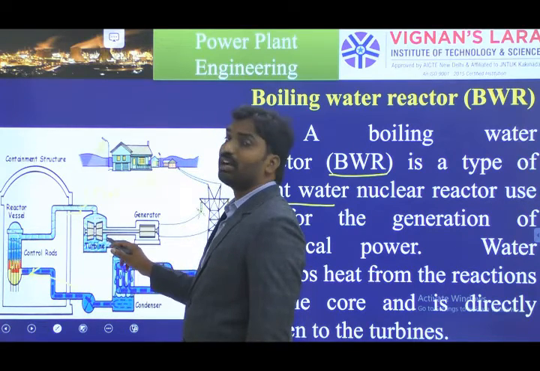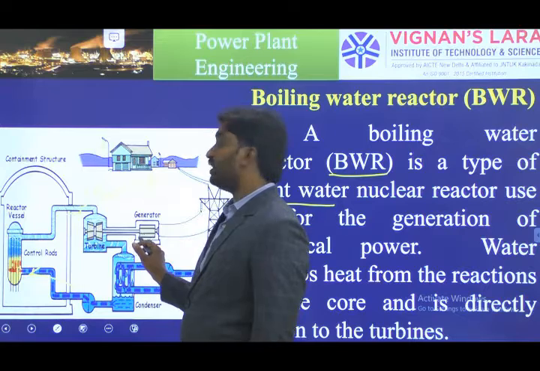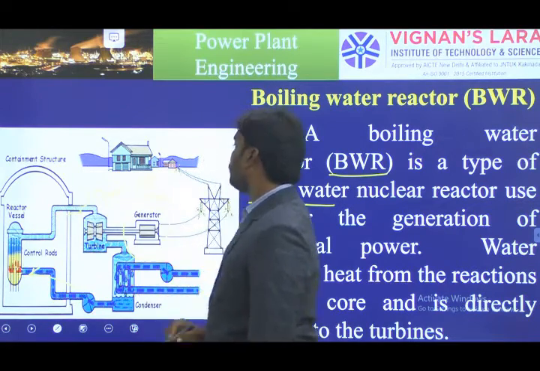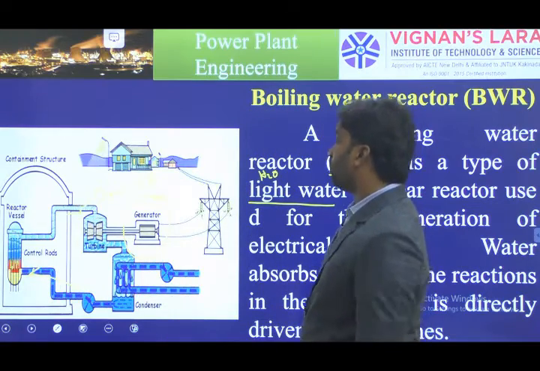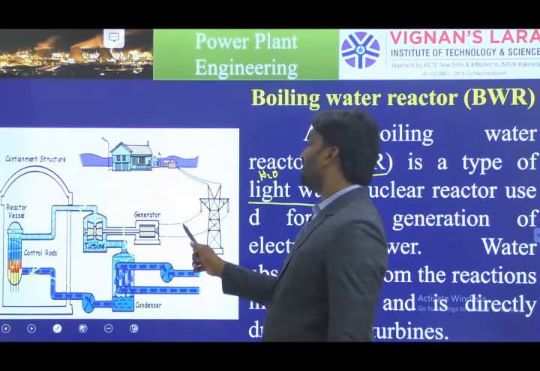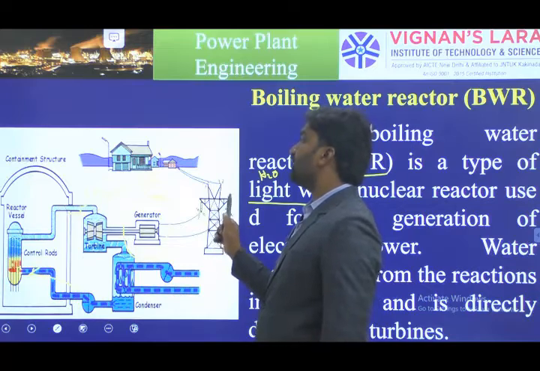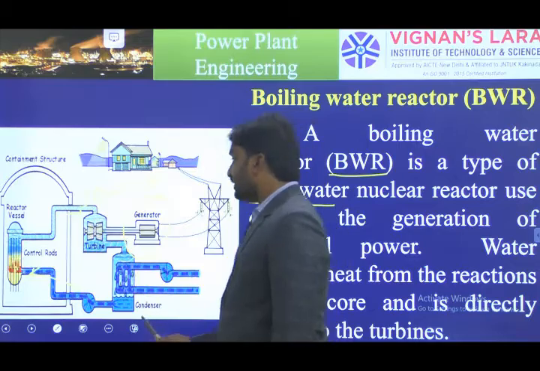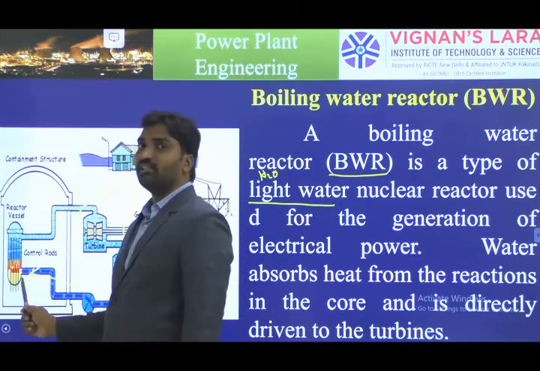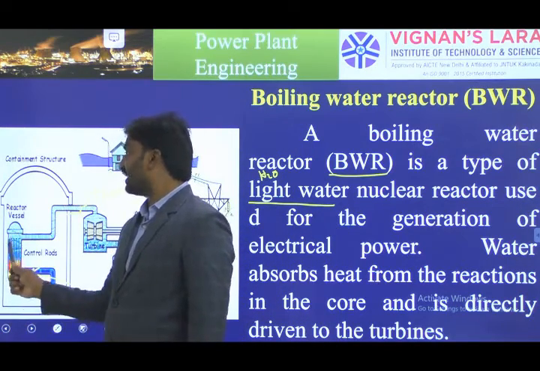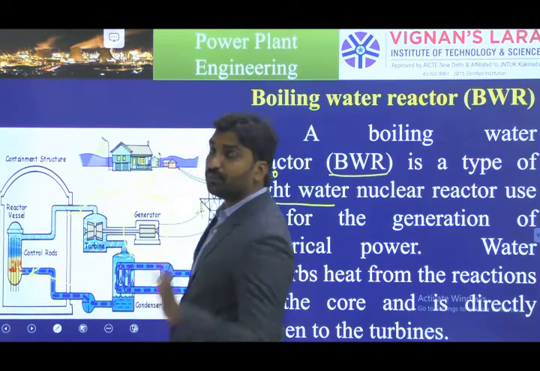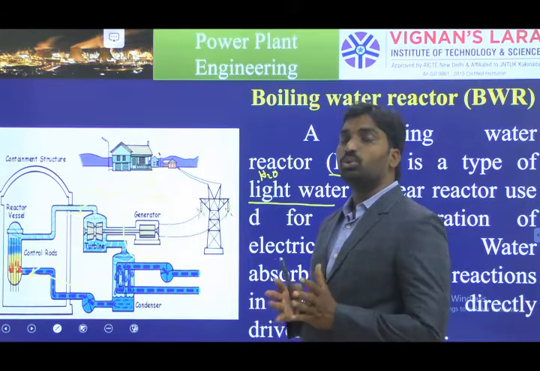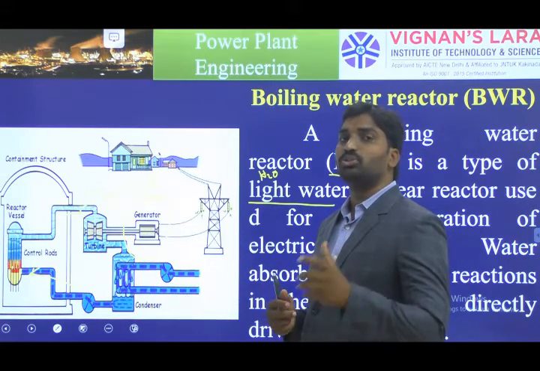That mechanical energy is then converted into electrical energy using a generator. After power generation, we connect the electrical power to the grid, and from the grid it is supplied to homes. The light water directly absorbs the heat, whereas in the pressurized water reactor or gas cooled reactor, two chambers or two primary circuits are there.